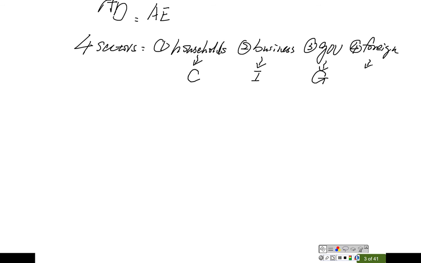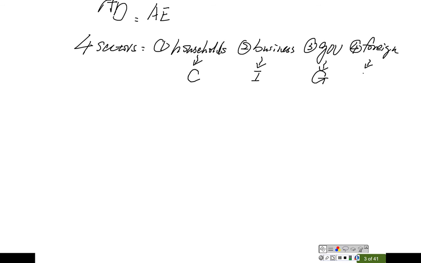Plus, the people in the foreign countries will also spend money on the goods and the services produced domestically. That's what we call the export of the country. But we also need to subtract the goods and the services domestic people purchase from the outside.